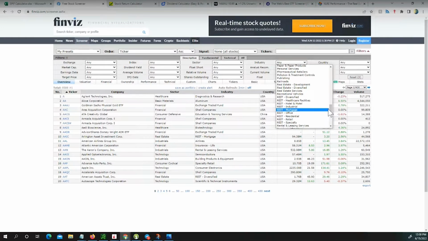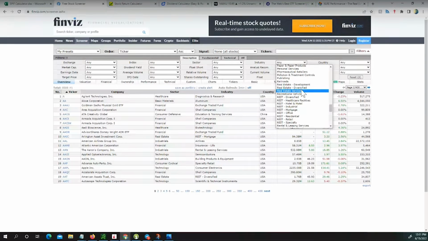For example, you might want real estate development companies, whose job is to develop real estate properties. So they're the guys who construct, let's say, commercial buildings, or they're the guys who construct residential buildings. Or if you want something that is diversified, that they do different varieties of real estate, you select the diversified.